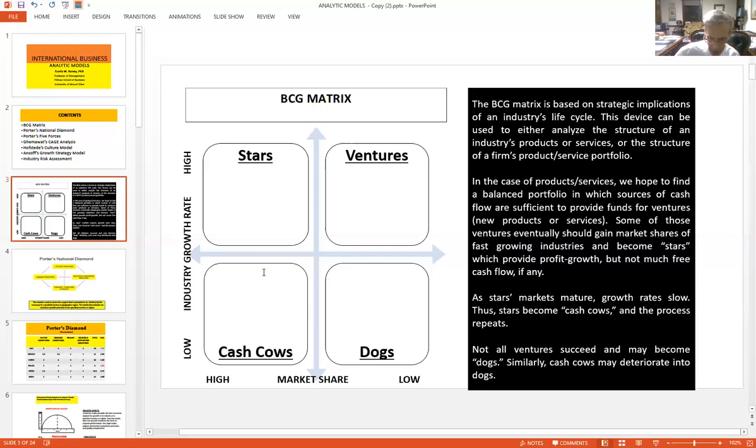So that's how products could be placed on this matrix, either just your own products, and we would use that in the capabilities analysis when we analyze our product mix and our portfolio of products. You can use this BCG matrix to just look at your company's product lines and discover whether you've got a balanced portfolio of products or one that's lopsided.